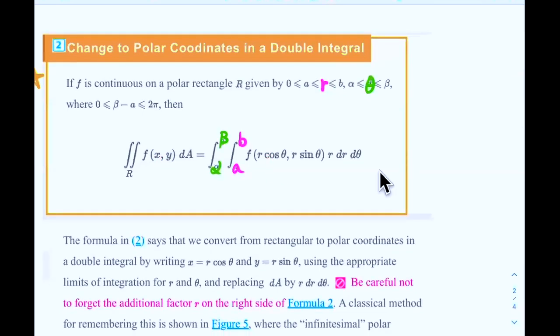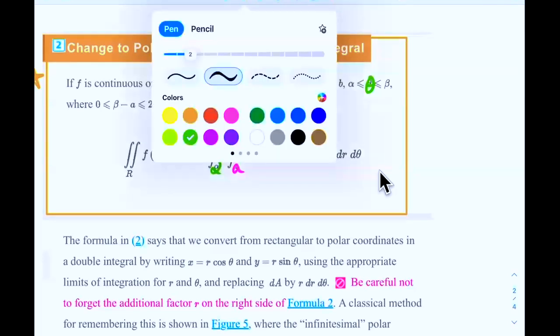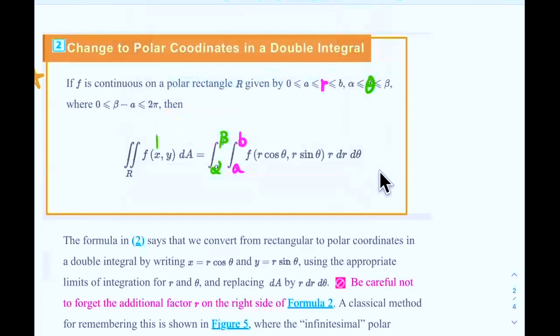The way that we do it is this. Remember the x in polar coordinates, we just talked about that. x is r times what?